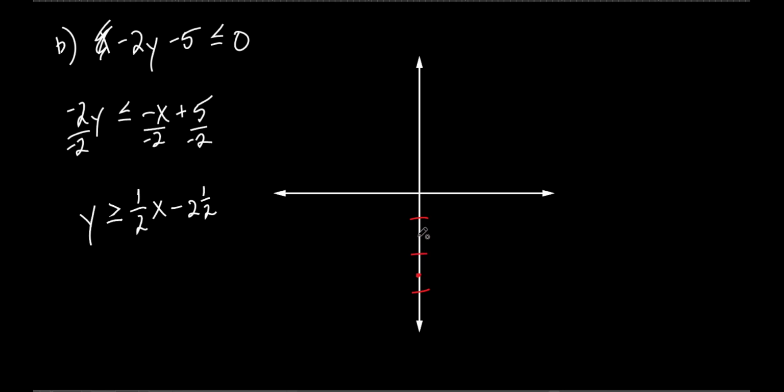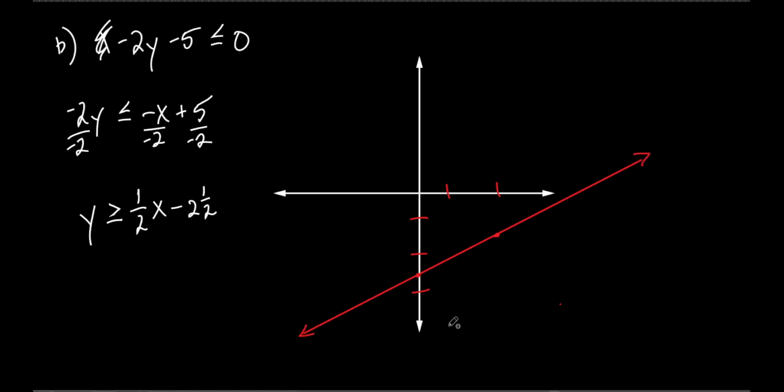So you go up 1 full 1, which would still be half, right? And then you go to the right 2. All right, so there's my rise 1, my run 2. And now we connect them with a solid line because of that or equal to. If it didn't have the or equal to, then we would make it dotted. And we'll put arrows on the end.